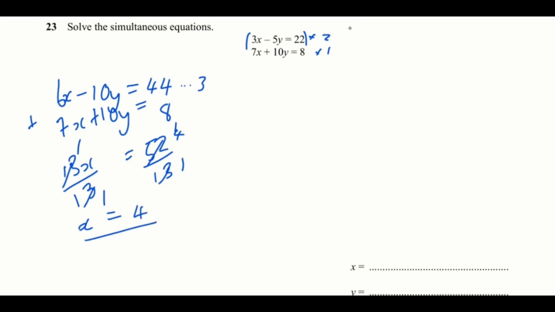Then I substitute this into any of the equations. Let me substitute it into the second equation. So 7 bracket of 4 plus 10y equals 8. So 28 plus 10y equals 8.